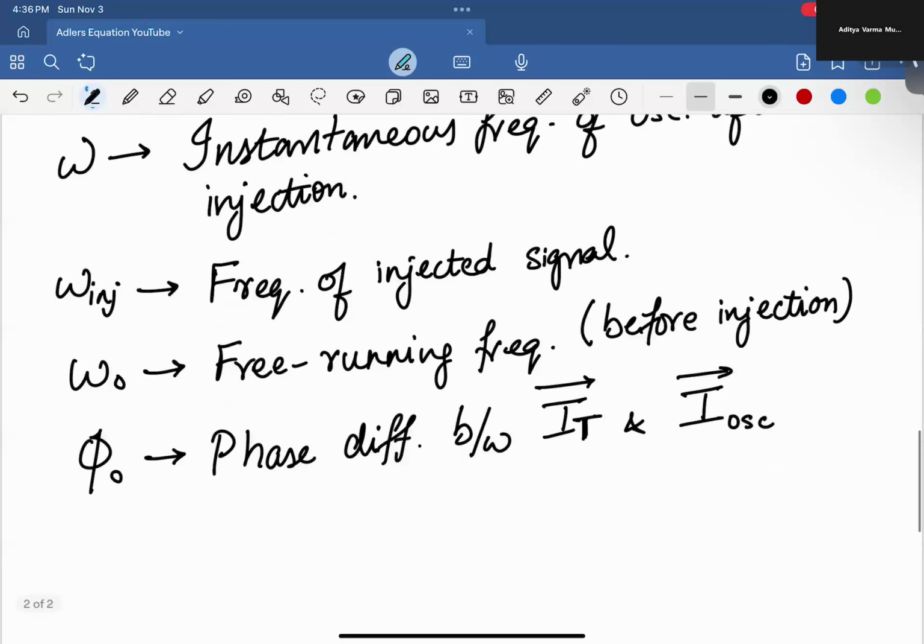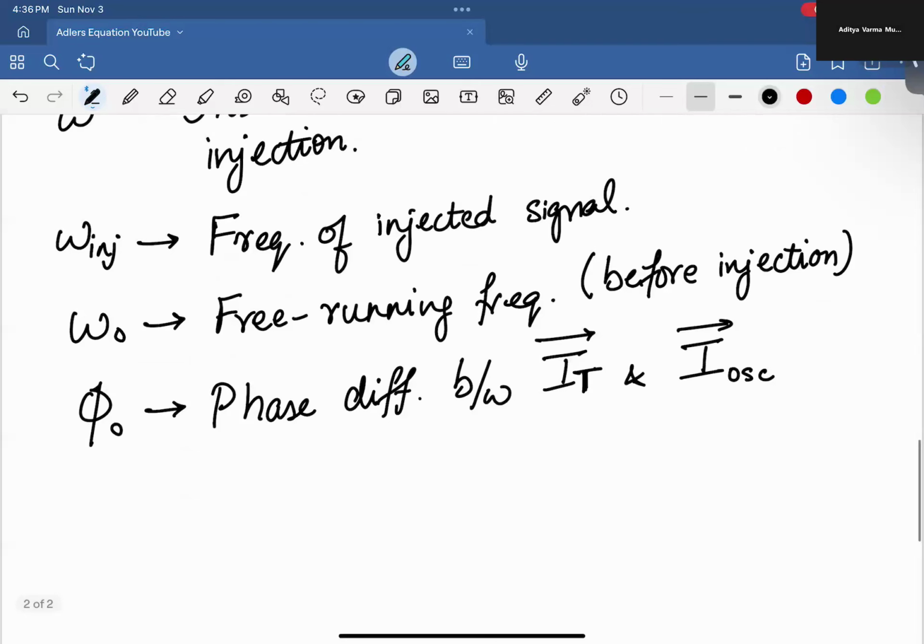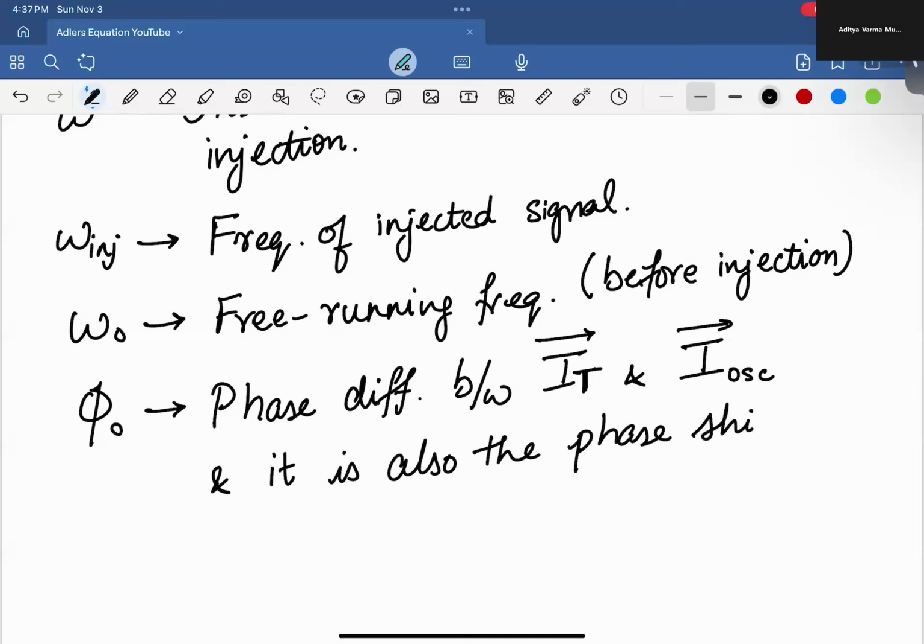If you don't know what these are, we discussed them in the last video. And it is also the phase shift of the tank. If you watched the last video, you know that the phase shift between IT and I oscillation is such that it has to undo the phase shift of the tank. So they're equal.